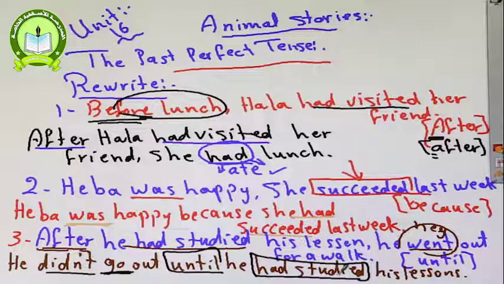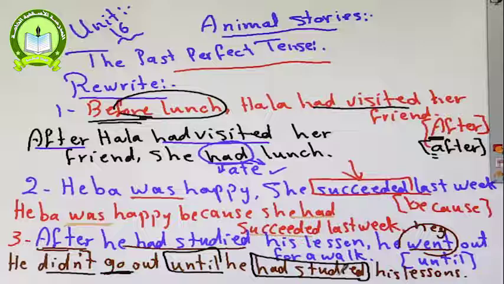So dear students, we talked today about the past perfect, and we knew that the past perfect expresses an action that happened in the past and completed before another action started. We knew its form: had plus past participle, and the negative is hadn't plus past participle, and how to form a yes/no question or WH question.